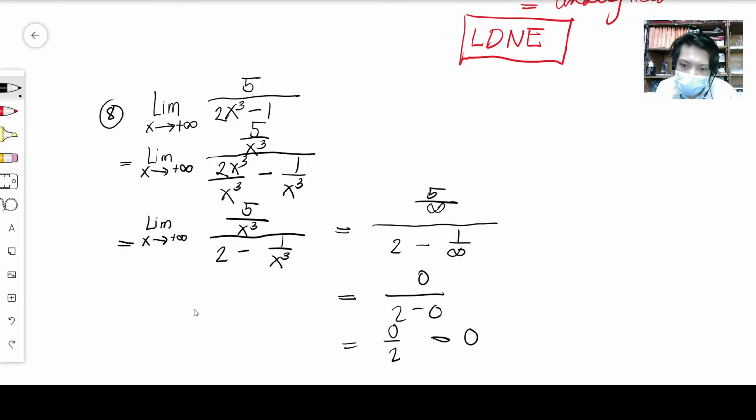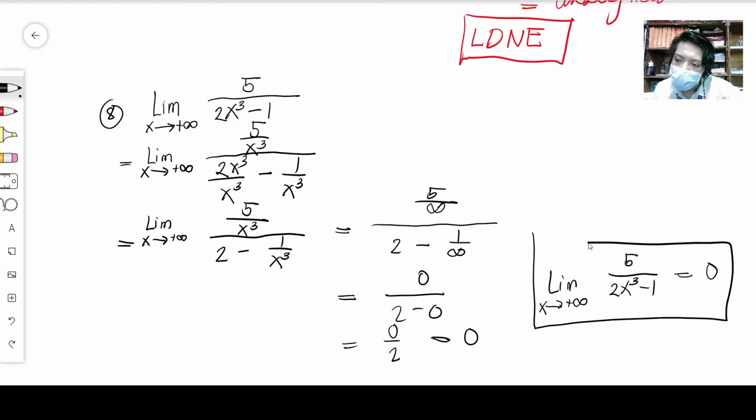So the limit of 5 over 2x cubed minus 1 when x approaches positive infinity is equal to 0. This is your answer. That's how you solve example number 8.